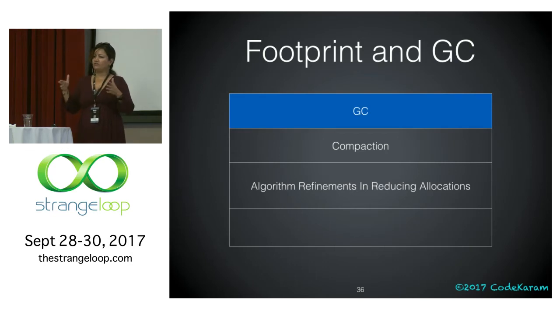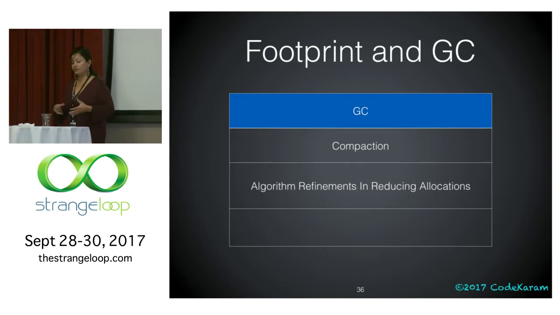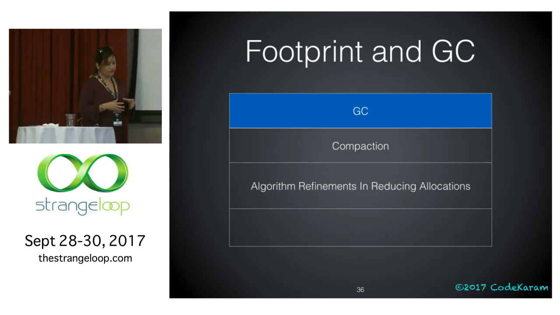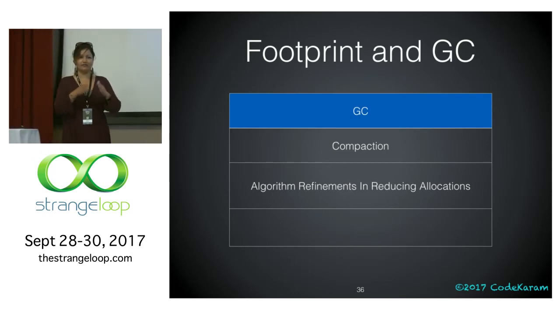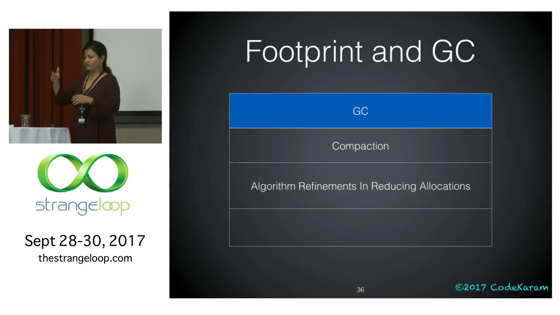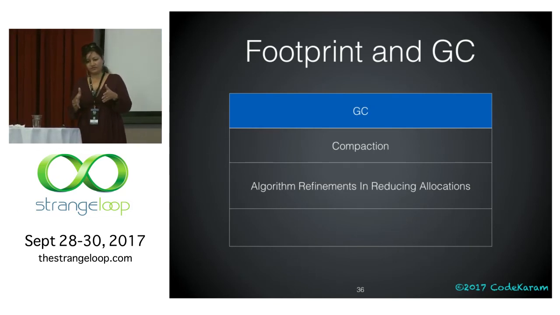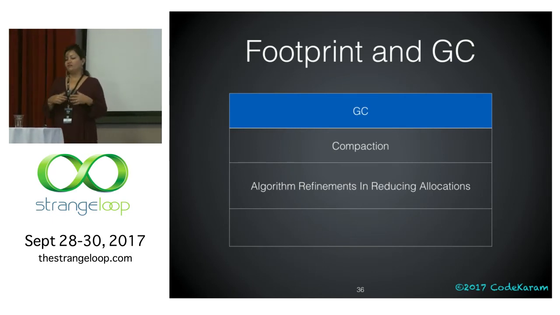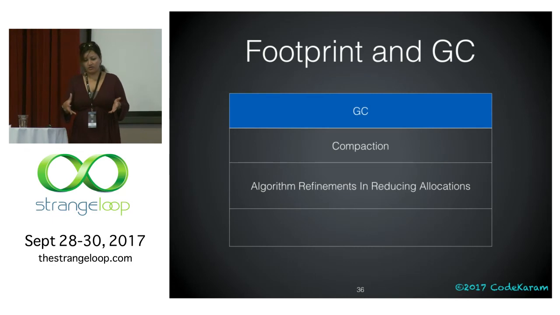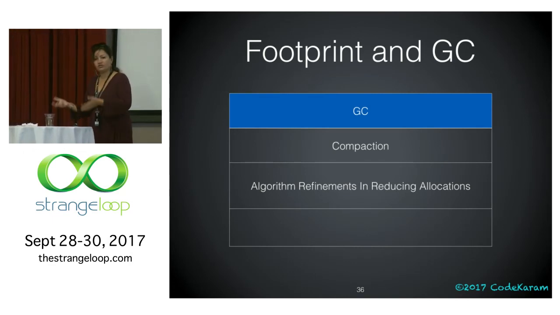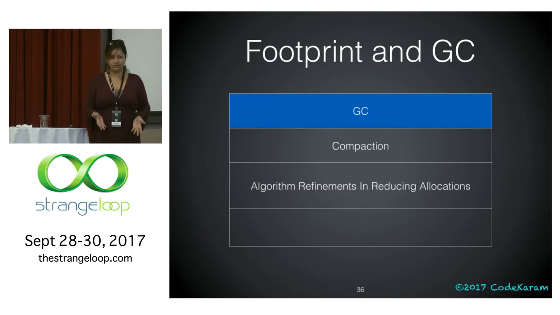But they may leave holes, and this does happen in the concurrent mark and sweep garbage collector, because you have live objects, then free space, live objects, free space, and based on the size of the free space, an object may or may not fit. Even though you have space, the newly promoted object doesn't know where to go, and that's called fragmentation.